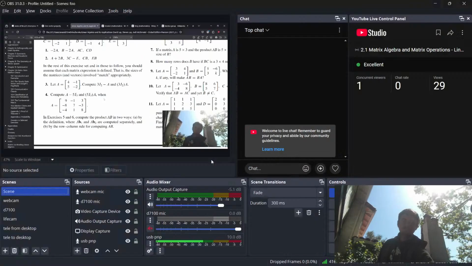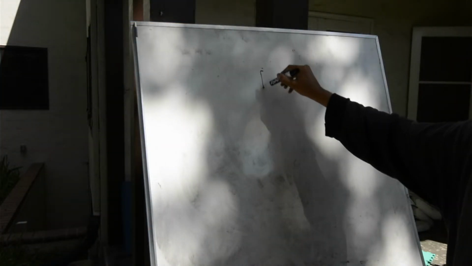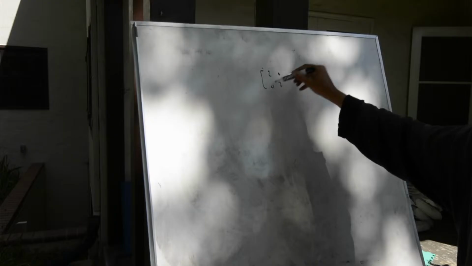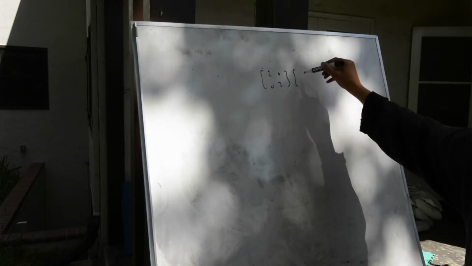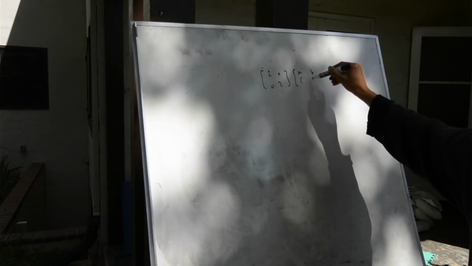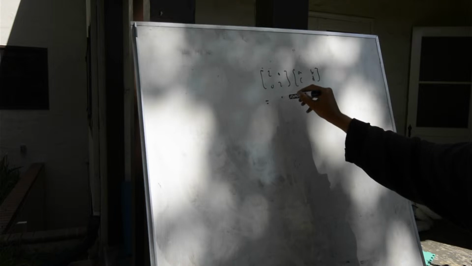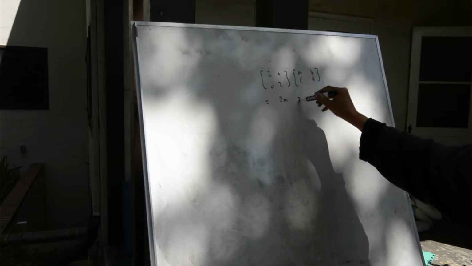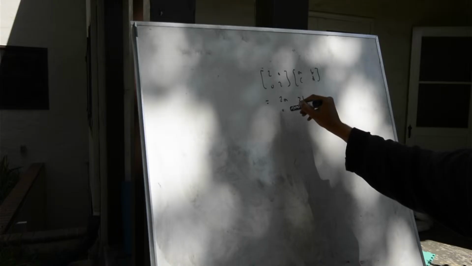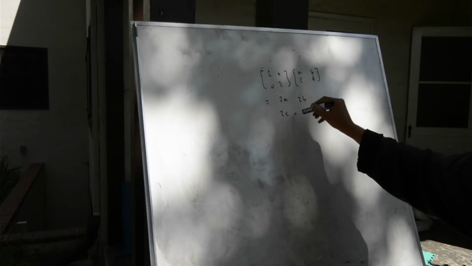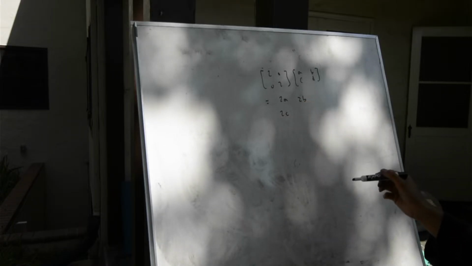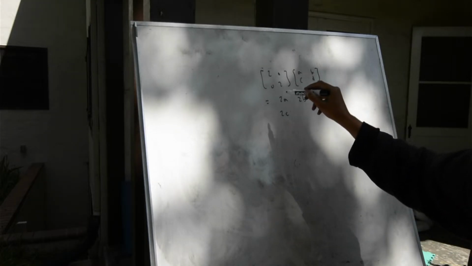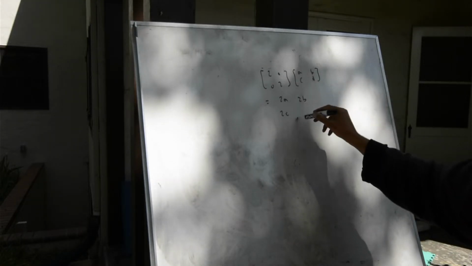Let's look at that. So if we just had 2, 2, 0, 0, and then we had A, B, C, D, it's going to be equal to 2A, 2B, 2C, 2D.